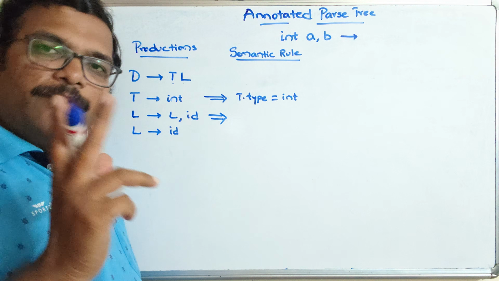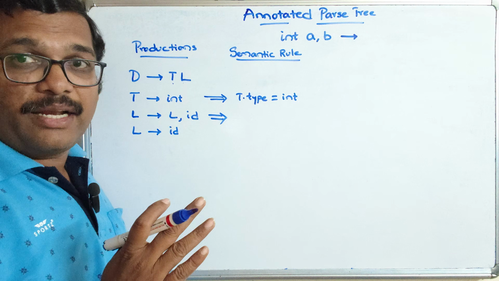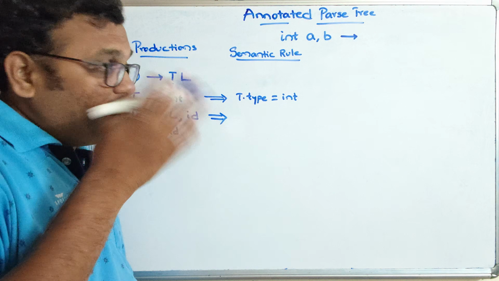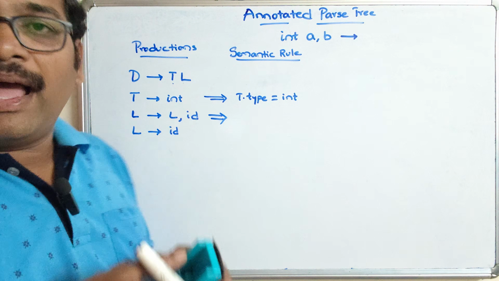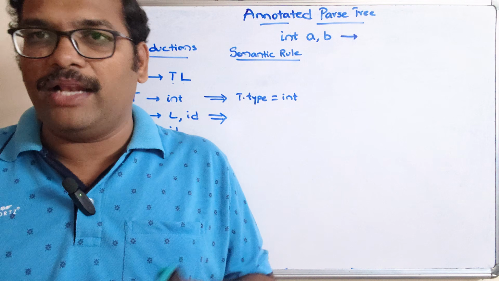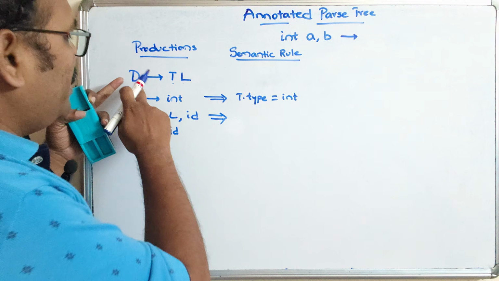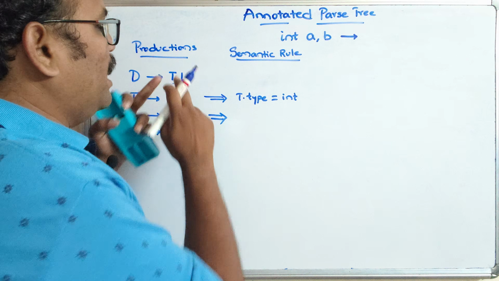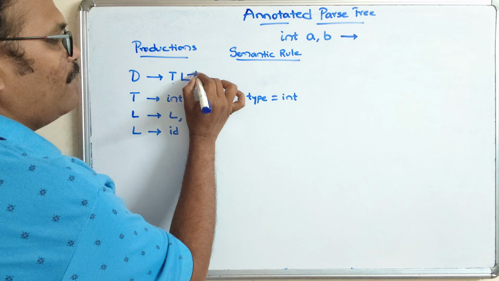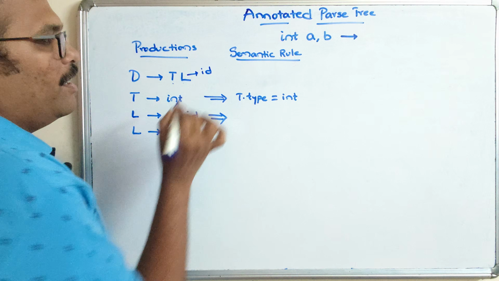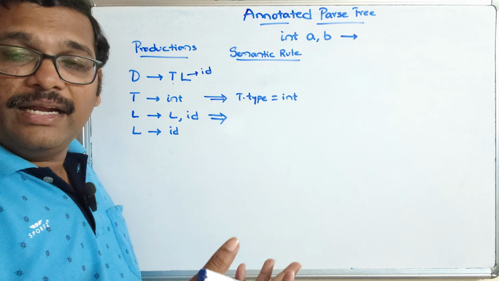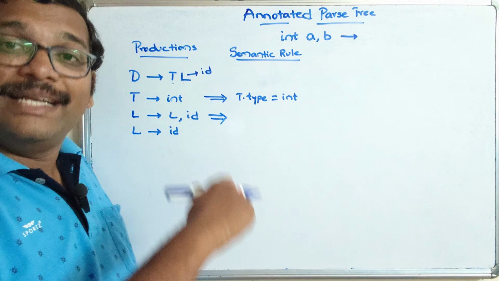We have seen two types of attributes, synthesized attributes as well as inherited attributes. Synthesized attribute means the parent value depends upon the child values. So the D value will depend upon T and L. But here, what is the L value? It is id, and before reading the identifier, that should be of integer data type.